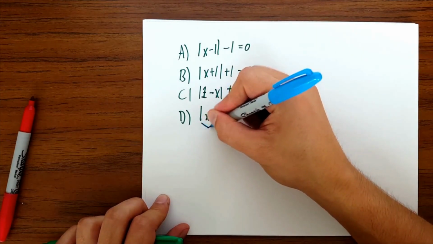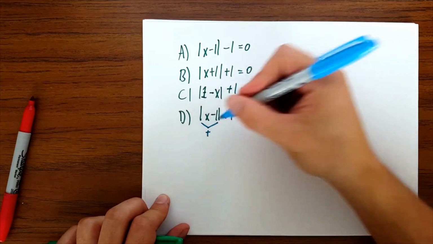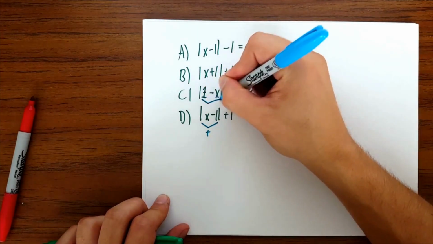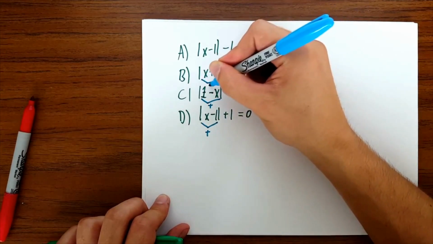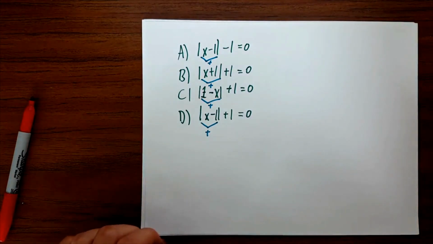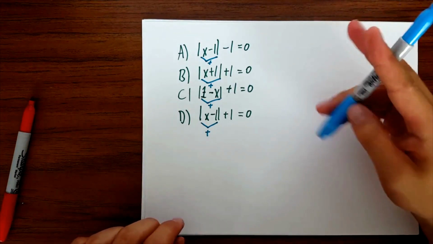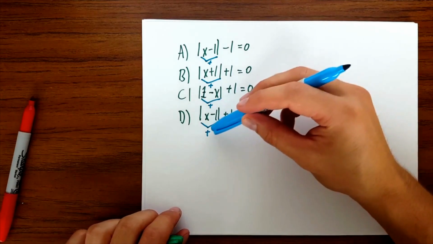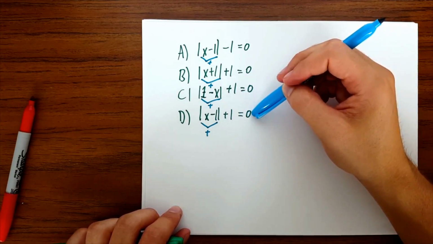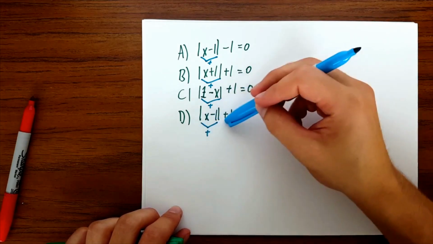So this quantity is always positive unless x equals 1, in which case it's 0. Same thing here. This is always positive by definition of what absolute value is. So if this is always positive and 1 is always positive, there's no way that it can ever equal 0 if it's always a positive number.